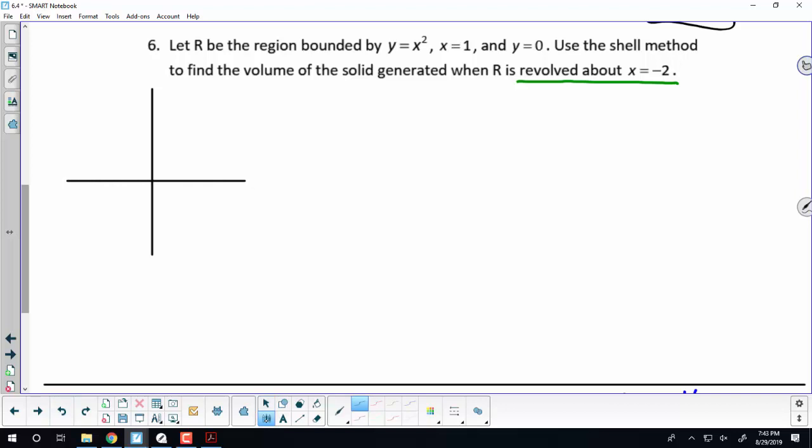So we have y equals x squared, x equals 1, y equals 0. So that's our region. We're going to use the shell method to find the volume revolved about the line x equals -2.